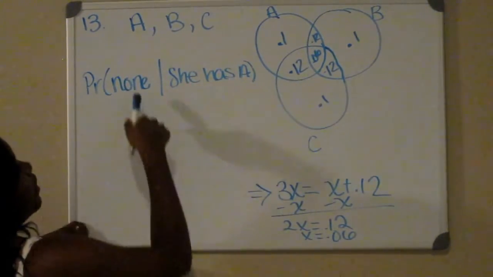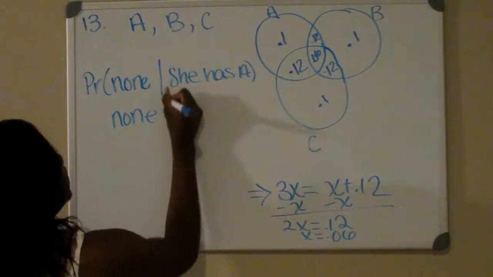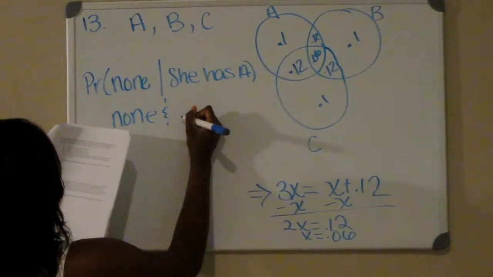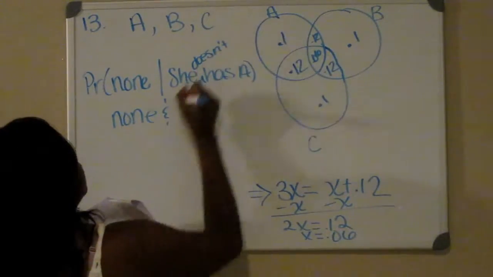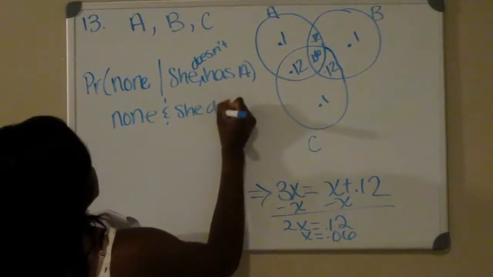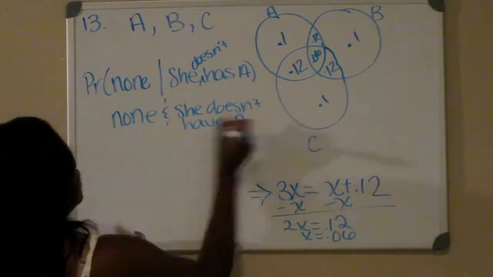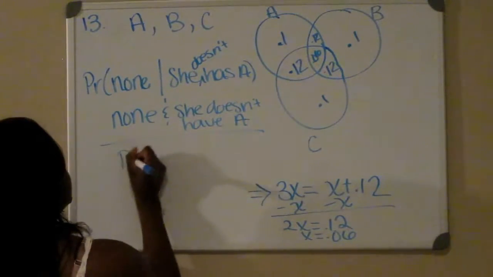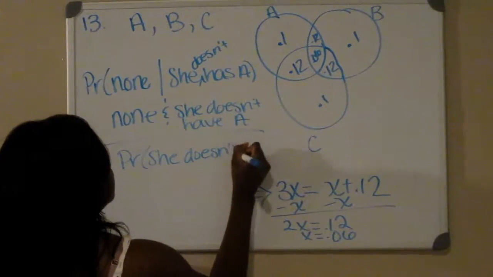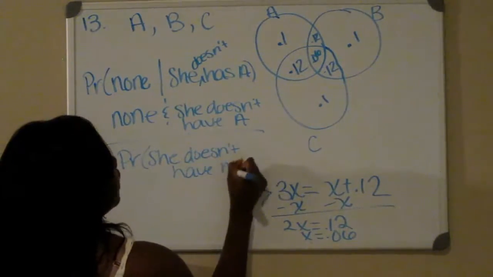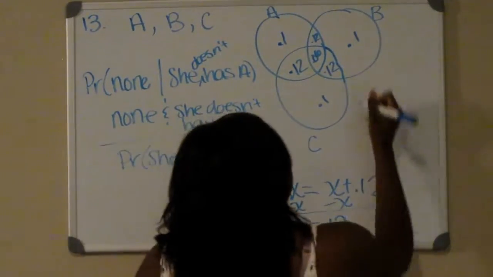So our numerator is going to be these two combined, that she has none and she does not have A. Divided by the probability that she doesn't have A. And I should have done this earlier, but I'll put the formula for given.